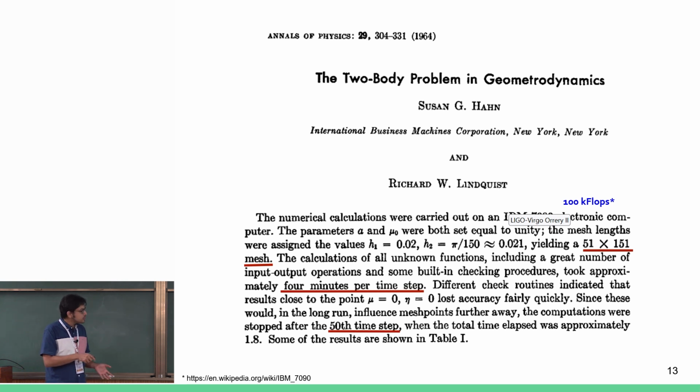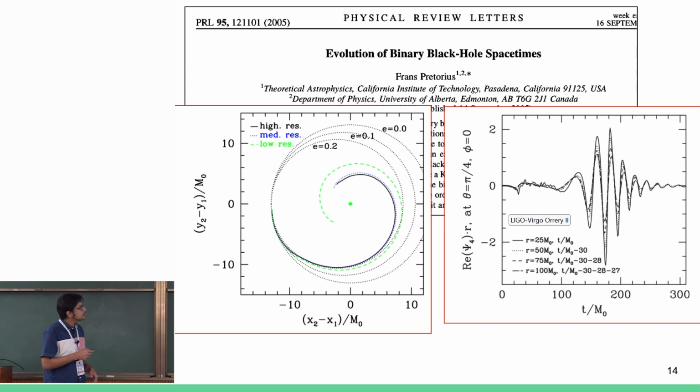And they were actually able to do it for, I think, 50 time steps, at which point the simulations crashed because of numerical errors, and we'll discuss why exactly that was happening. And this problem plagued the field for 40 more years, from 1964 until about 2005, when the first stable evolutions of binary black hole spacetimes was produced by Franz Pretorius at Caltech.